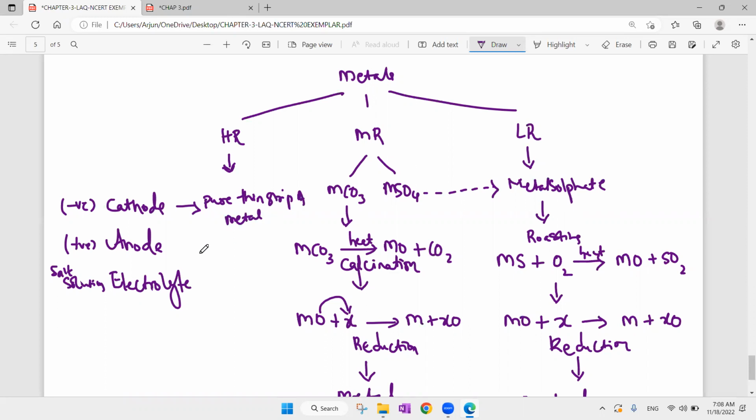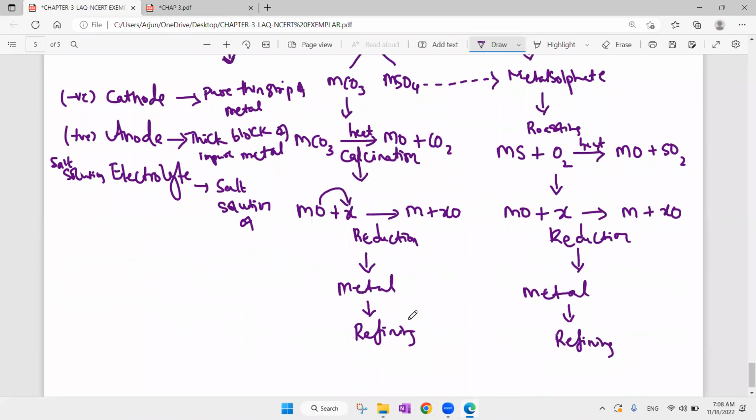At the anode, we are going to take a thick block of impure metal. And as electrolyte we are going to take a salt solution of that required salt. That's it. So this is extraction of metals.